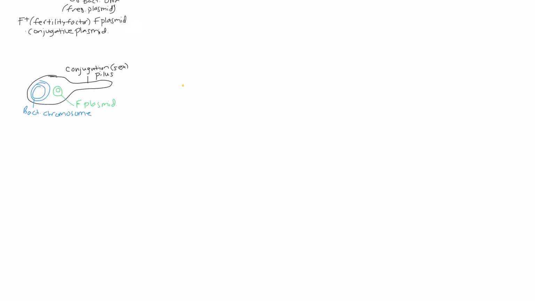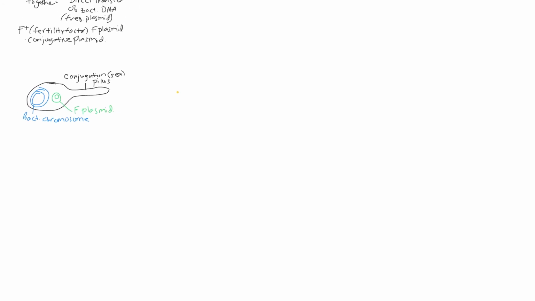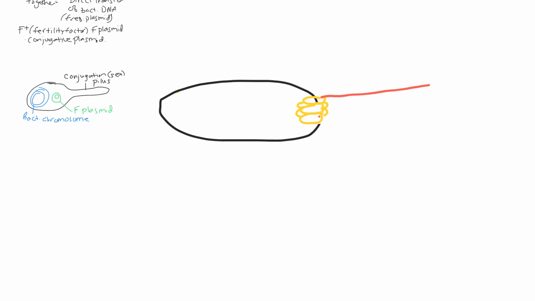So we have the cell membrane and cell wall, and embedded in it is this protein complex here. It's a bunch of different proteins. And from that, we have a protein structure that extends from there, and it's basically a tube.